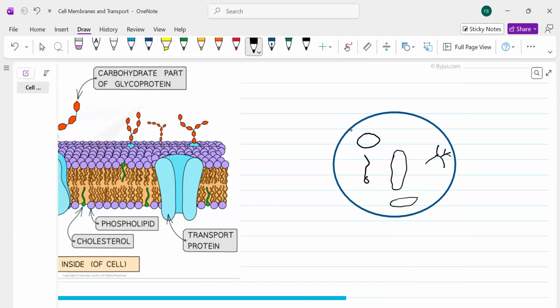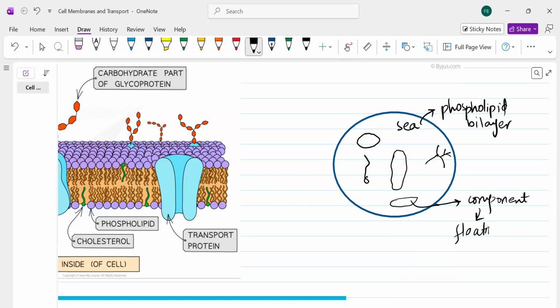So they are saying this phospholipid bilayer is a sea, and all these components are floating in the sea. So this is what they are saying.